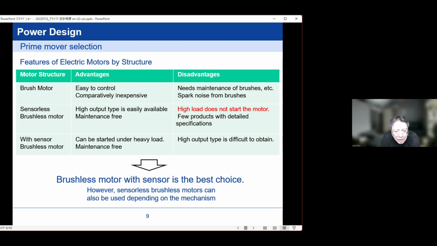The downside is that because it uses brushes, brush maintenance is required. Sparks are also generated from the brushes, so we must take measures to reduce the noise from these sparks, especially for computers or other electronics.